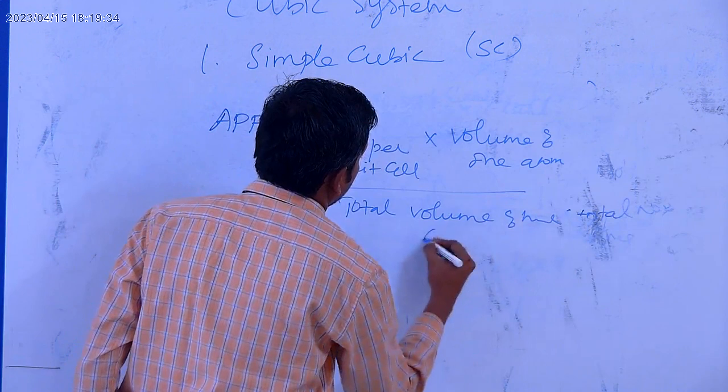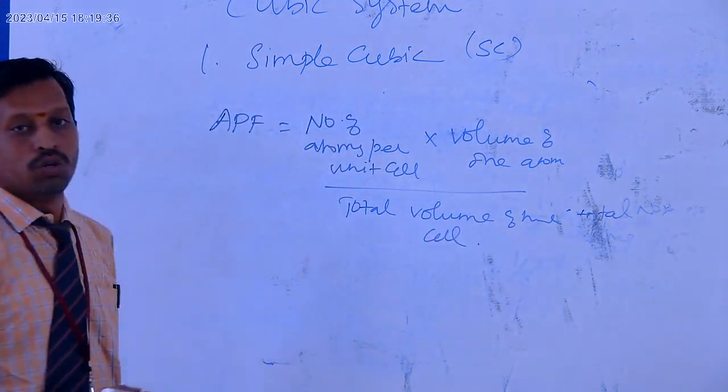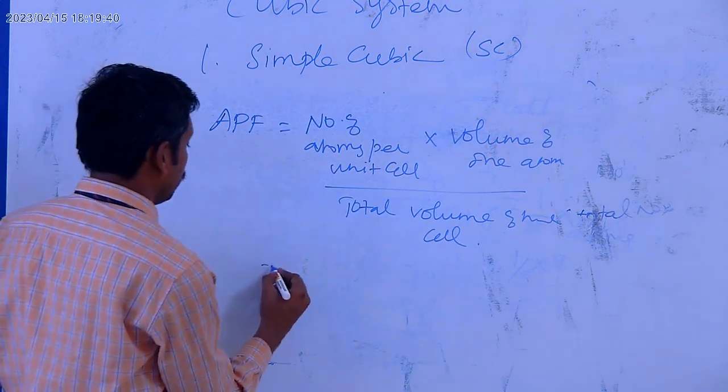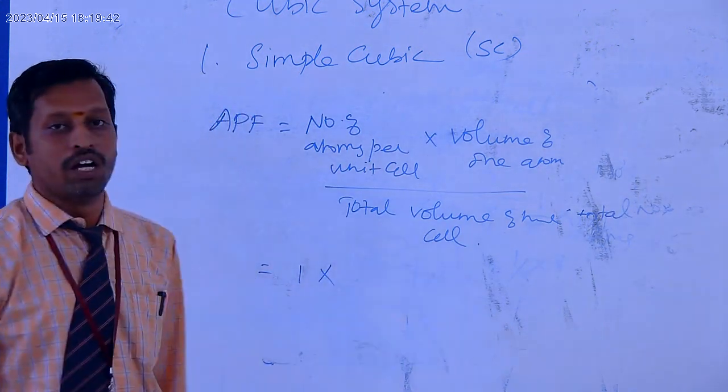The number of atoms per unit cell we already derived, which is 1.